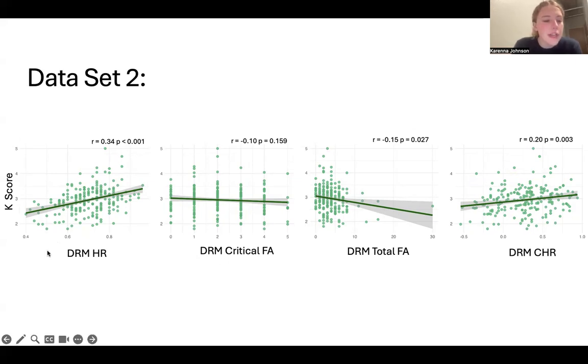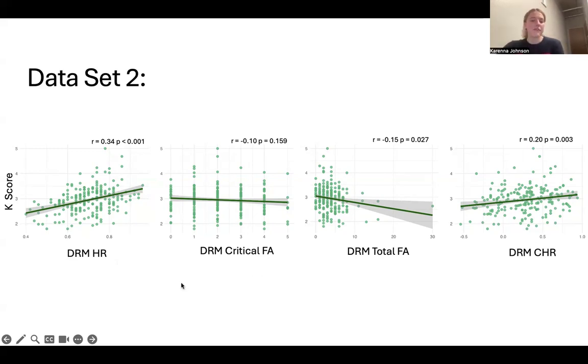Here we're looking at DRM hit rate, and working memory score was very significant and the effect size was decent. The corrected hit rate was also significant. It's important to note that the corrected hit rate is the hit rate minus the false alarms, and the false alarms, neither of which, including the critical, were significant. So it was largely driven by the fact that the hit rate was significant.